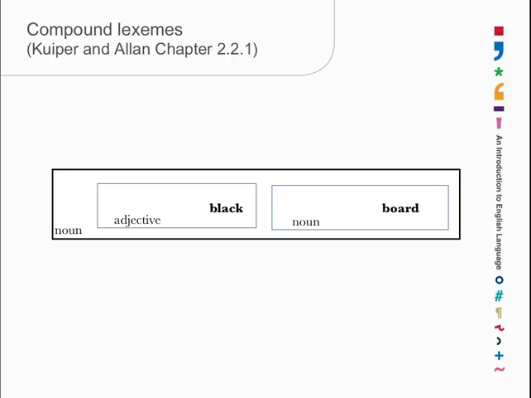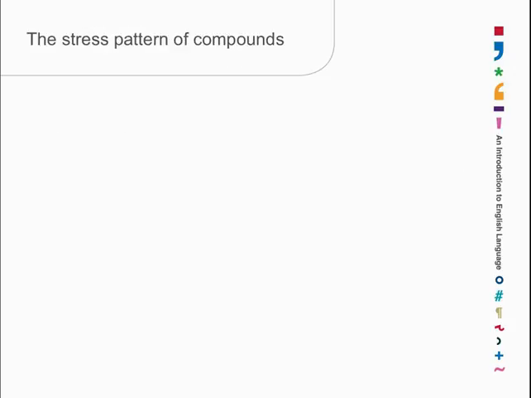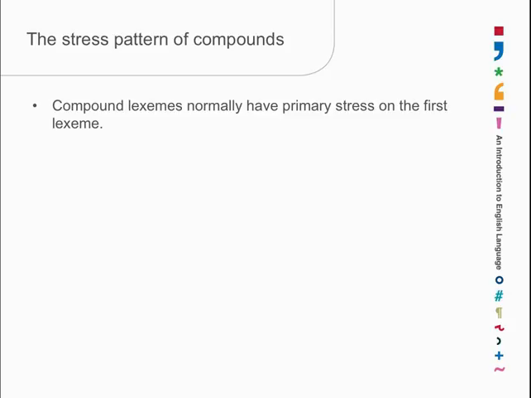Well, how do we tell that a compound's a compound? How do you identify them? Well, one of the things that they often have to recommend them is that there is a main stress, a heavy beat on the first lexeme and not on the second.